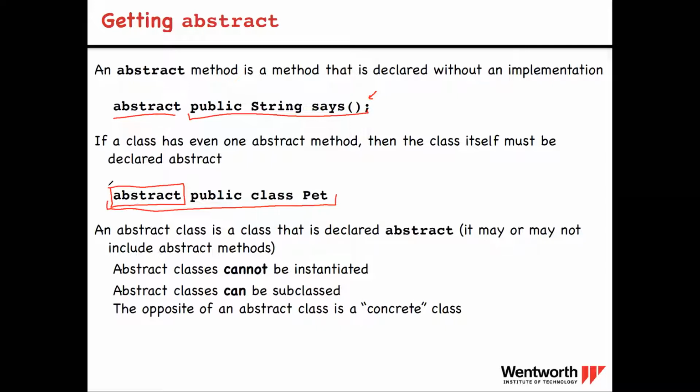The opposite of an abstract class is a concrete class. So we're about to go into Eclipse, and we're going to make pet an abstract class, and we're going to make says an abstract method. This will give us one abstract class and two concrete classes, along with one abstract method. So let's go do that right now.